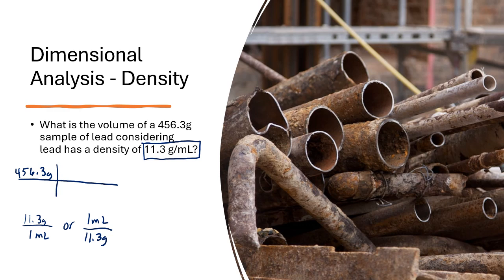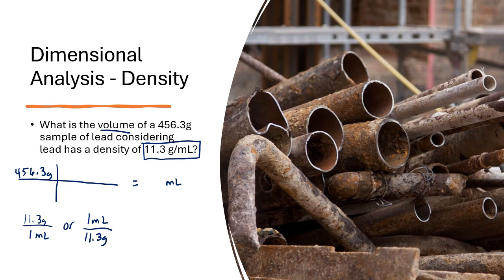We're going to multiply that by one of our factors. The question is, what is the volume? So we probably want our answer to be in milliliters, since liters and milliliters are a measure of volume. 456.3 grams, and then I'll need to multiply it by the relationship that cancels out the grams and leaves us with the milliliters.